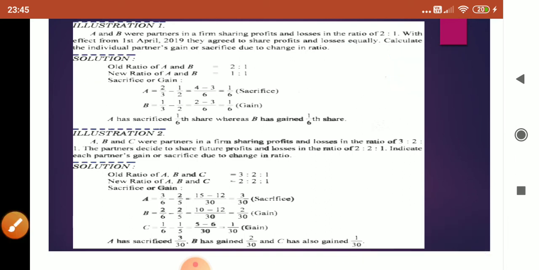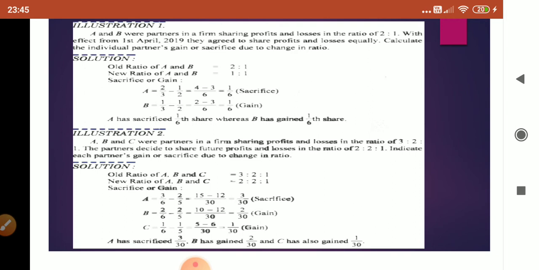How did we get 2/3? 2 plus 1. Just add all the parts of the ratio. That will be your denominator. So 2 plus 1 is 3. So A's old share is 2/3. And A's new share is 1 plus 1 is 2, so 1/2. So 2/3 old ratio minus 1/2 new ratio.